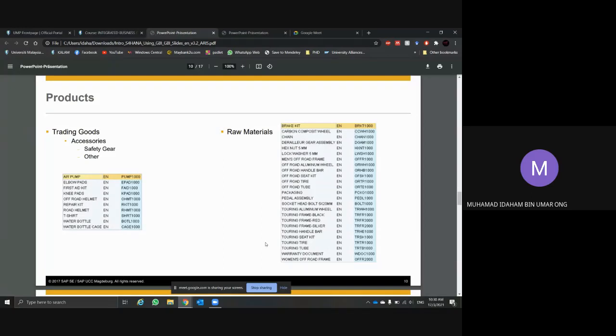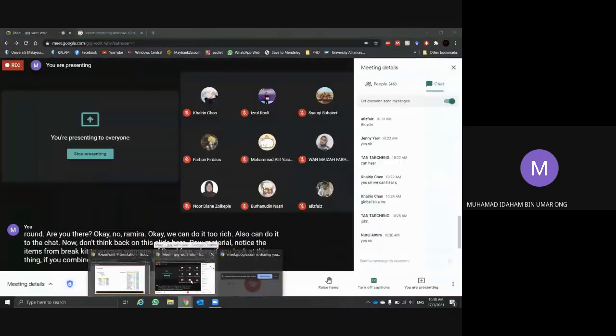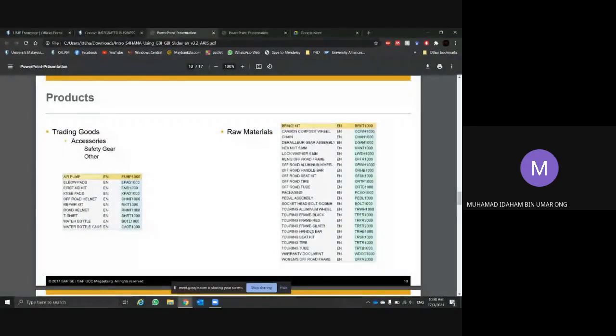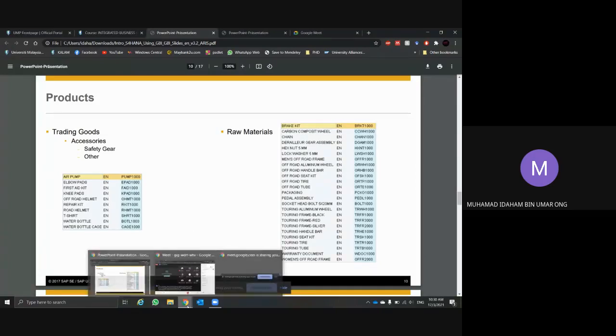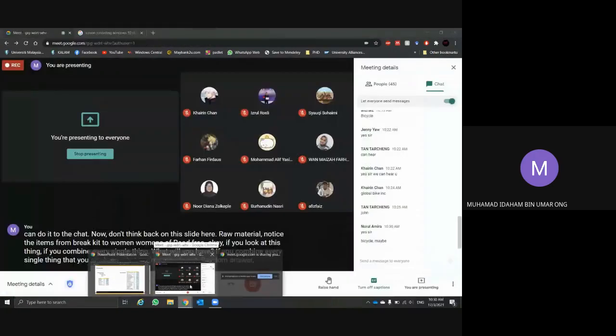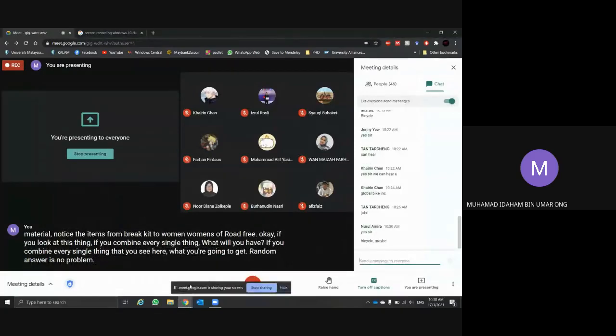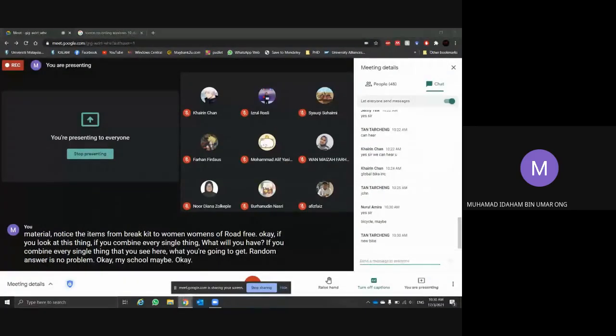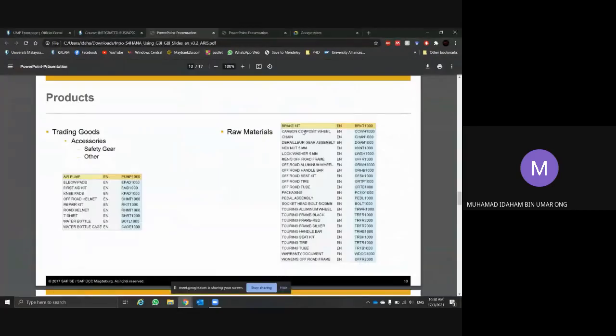If you look at this, if you combine every single thing that you see here, what are you going to get? Random answer, no problem. Okay, bicycle maybe. Okay, true, correct. So what you're going to be getting here is basically a bicycle.